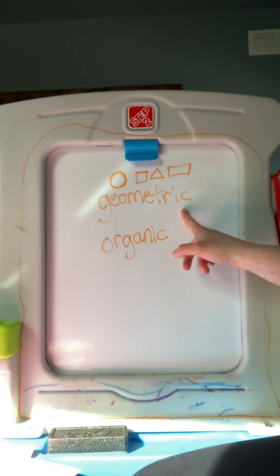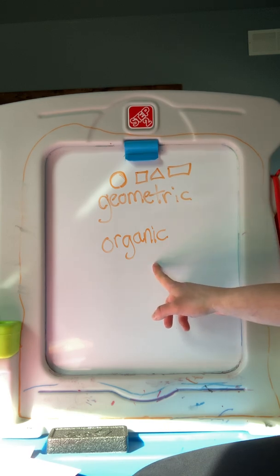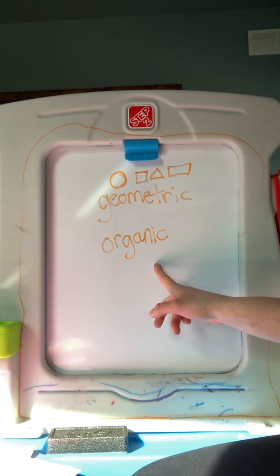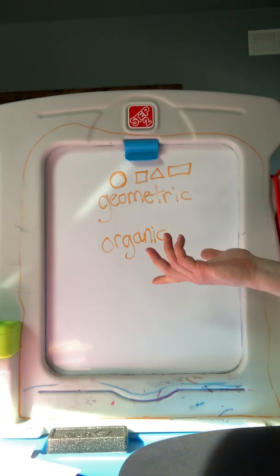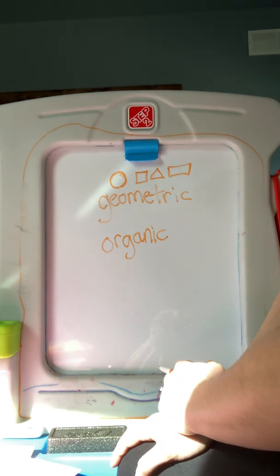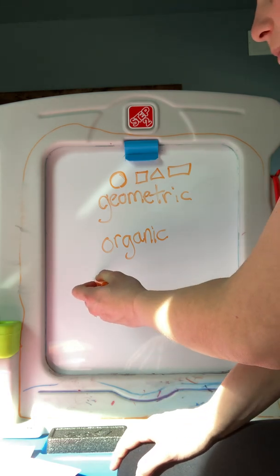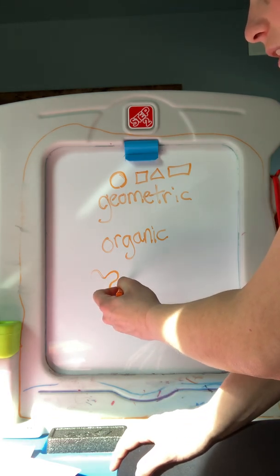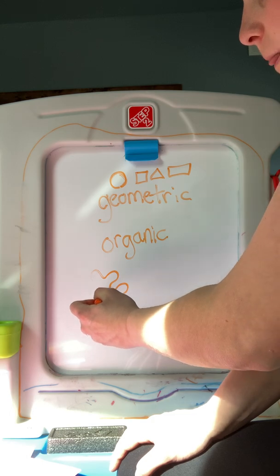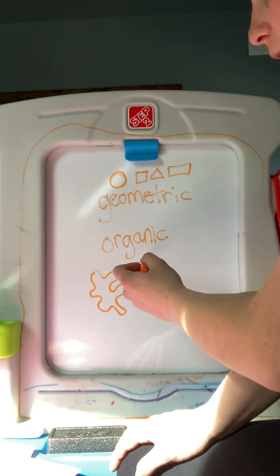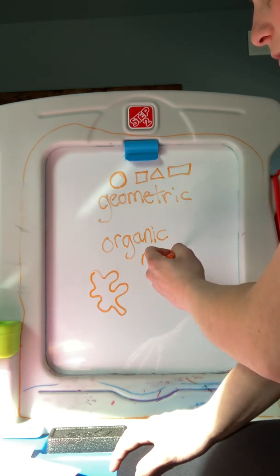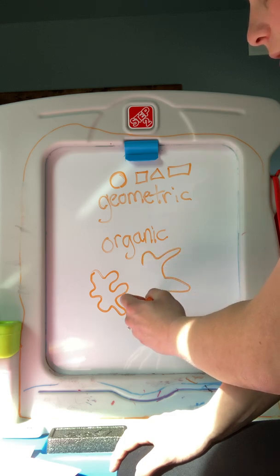They have rules. Organic shapes that Henri Matisse liked to use didn't really have rules. So they were more shapes that you would see in nature. So a shape that might look like a leaf, or he had some that looked more like people.